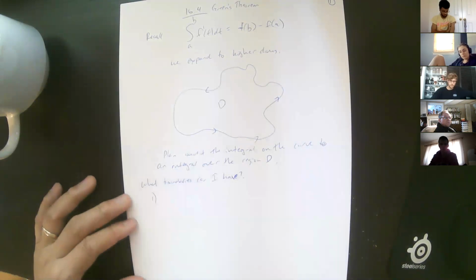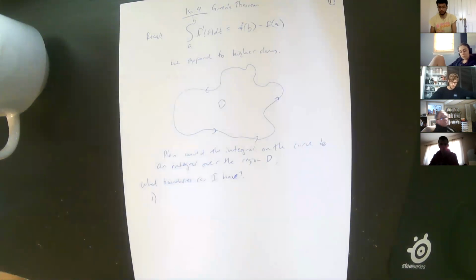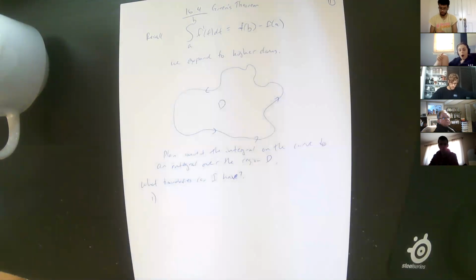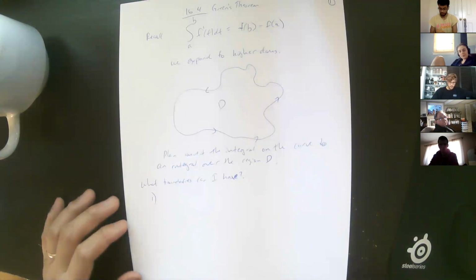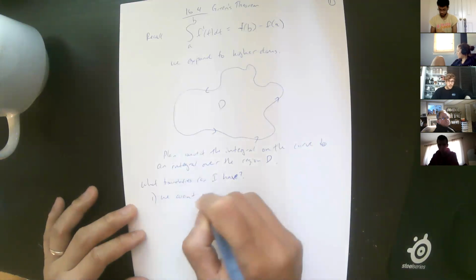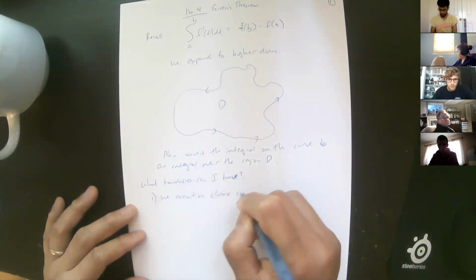So what are we going to want to talk about? In order to talk about a region, we need to have a closed curve, right? Because if it's not bounded, then we can't integrate over this really large, possibly infinite region, right? So we want a closed curve.